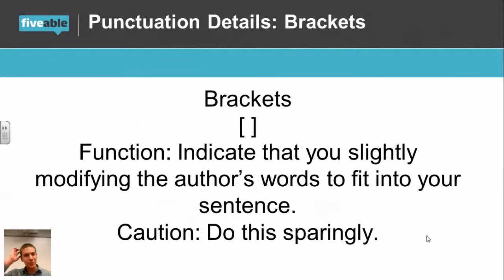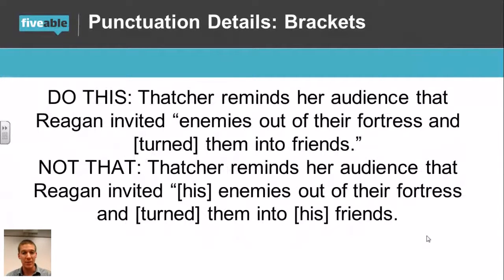Thatcher reminds her audience that Reagan invited enemies out of their fortress and turned them into friends. Now, you're making tiny, tiny tweaks here. Out of context, this sentence might have been in the present tense.